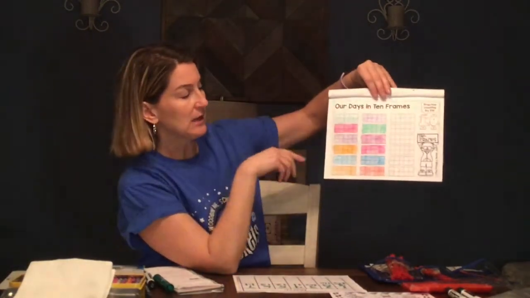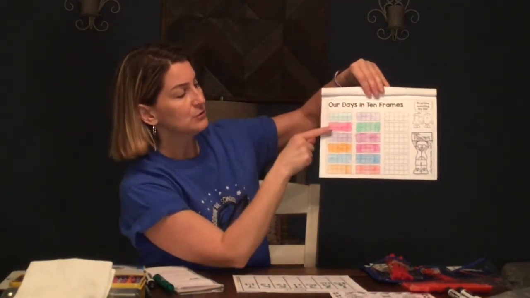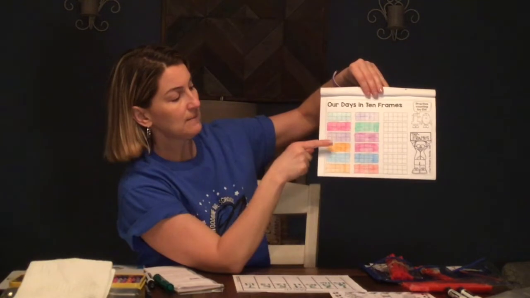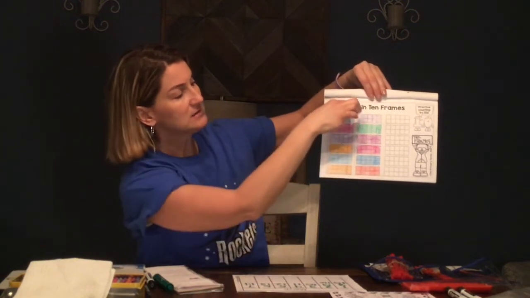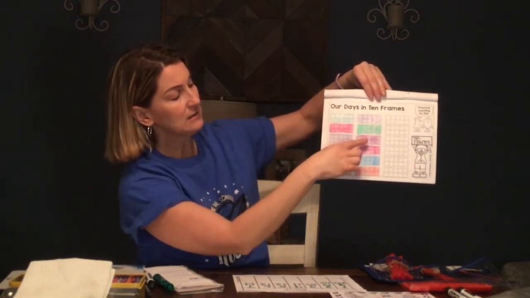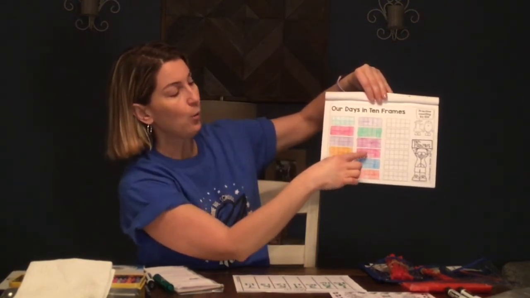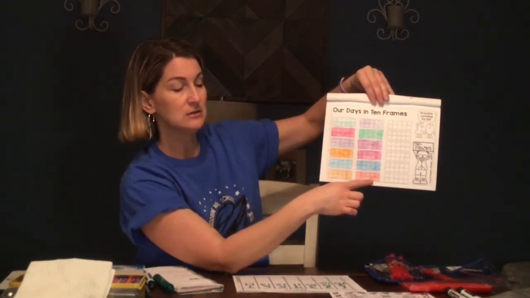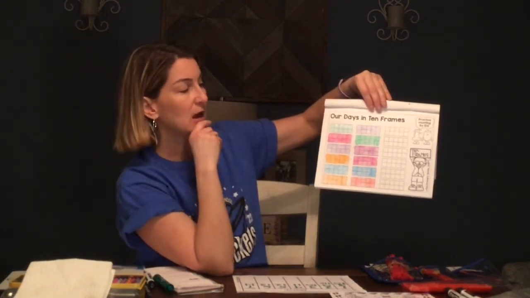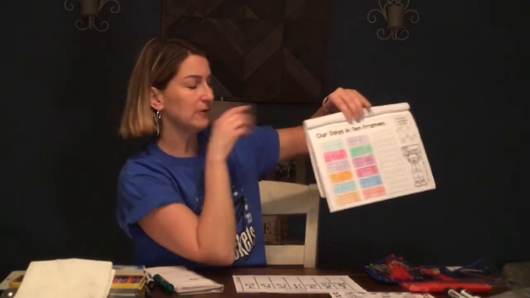Ready? Let's count by tens. 10, 20, 30, 40, hope you're doing it with me, 50, 60, 70, 80, 90, 100, 110, 120. Awesome. We have 120 boxes colored in our 10 frames.